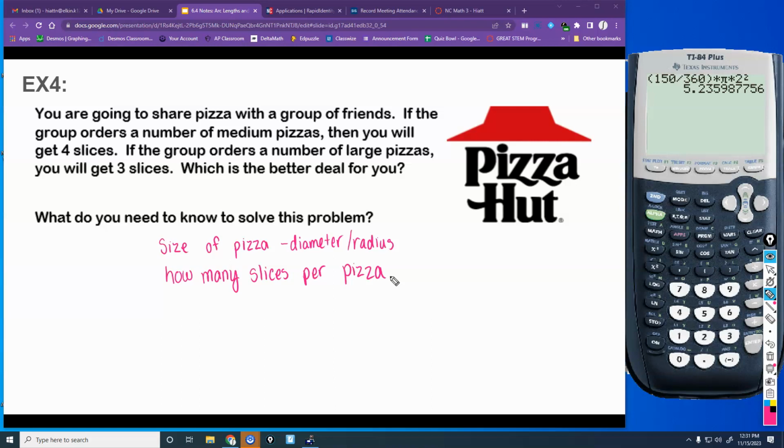Or you could cut a pizza into 4 slices, and they'll be great big. We'll see if we can look it up, but I'm pretty sure we're not going to be able to, but I think 8 is pretty standard. So we'll probably go with 8 for that. Anything else we need to know? I think we can do it with these 2 pieces of information.